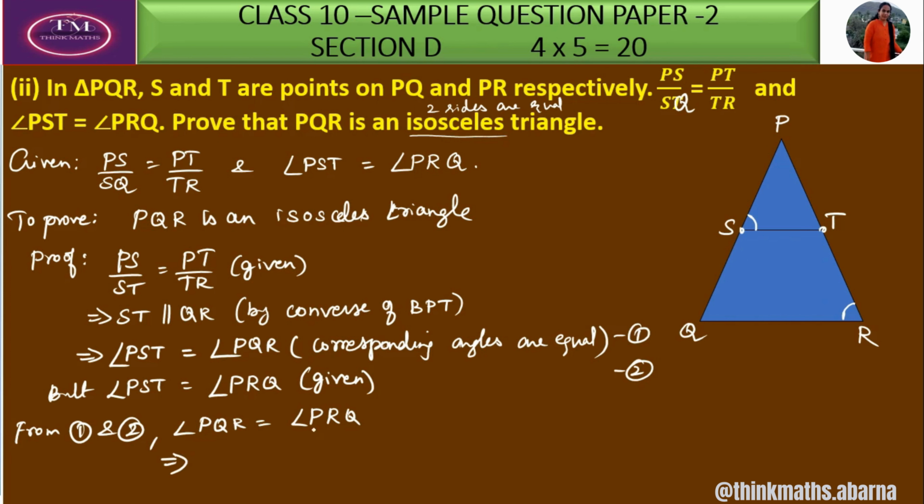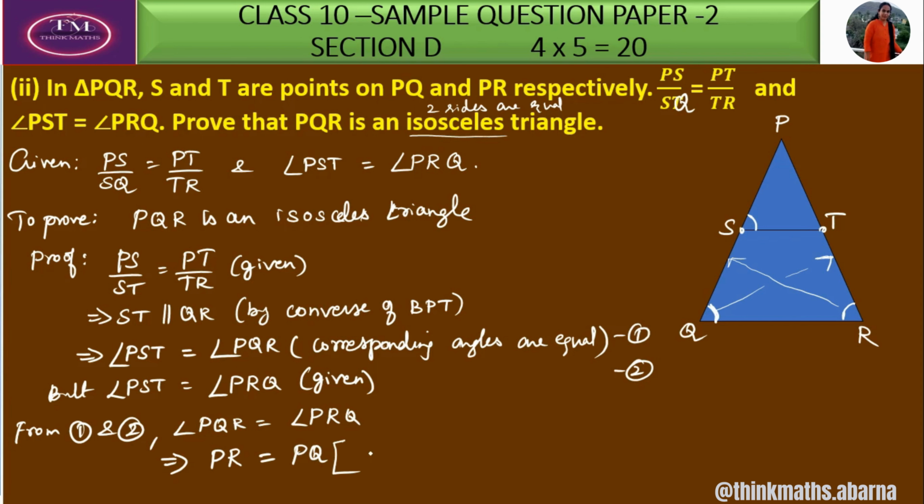So this is the angle PQR. So its opposite side is PR. PR will be equal to PQ, the side opposite to angle PRQ.